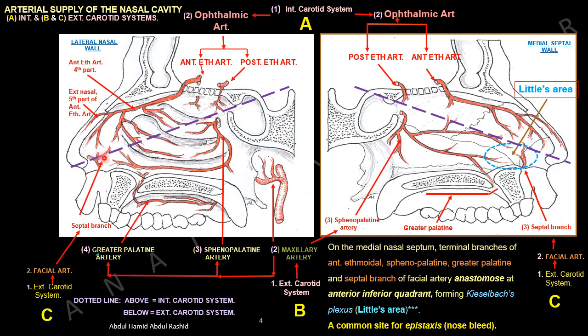This most anterior and inferior part is supplied by septal branch which comes from facial artery, which comes from the external carotid artery.